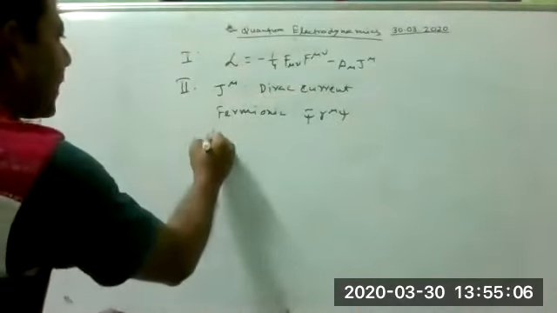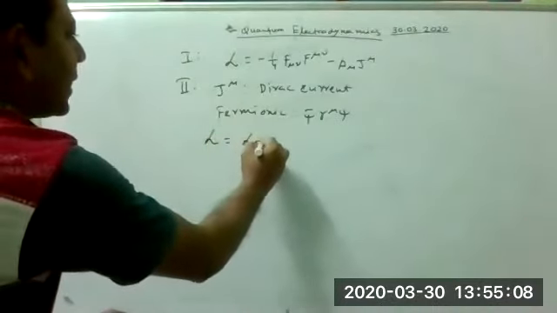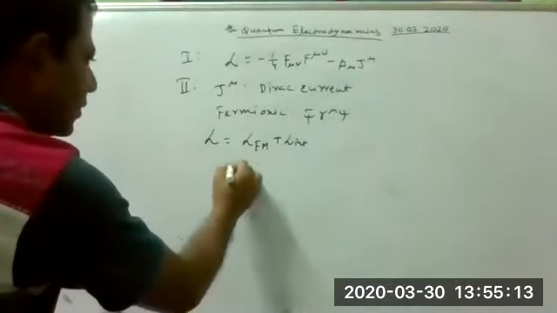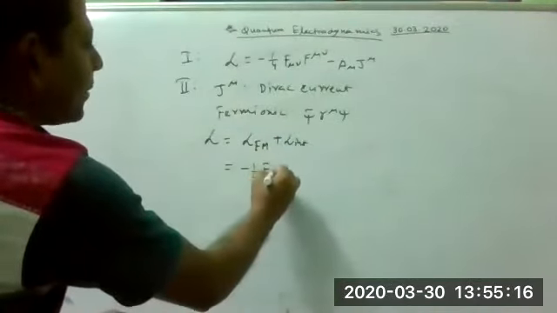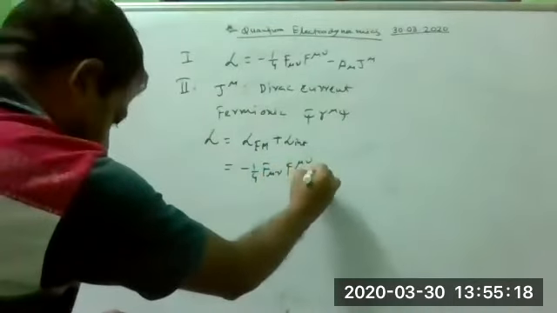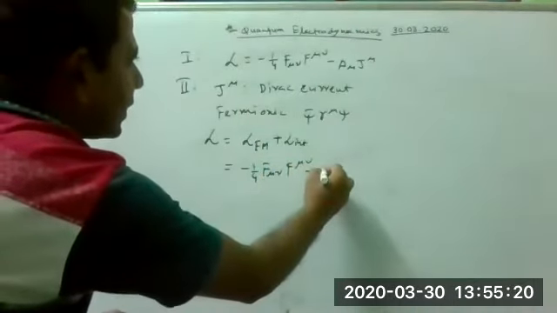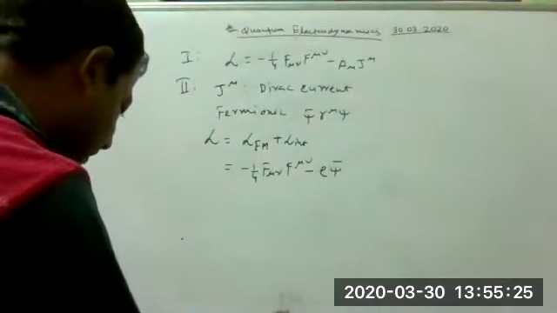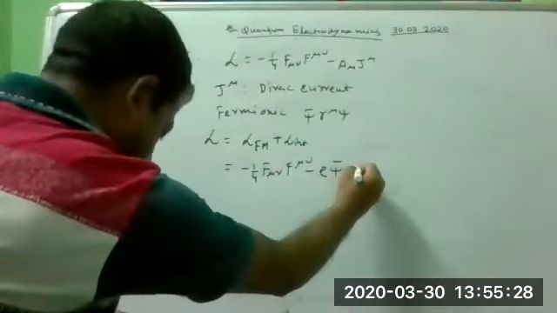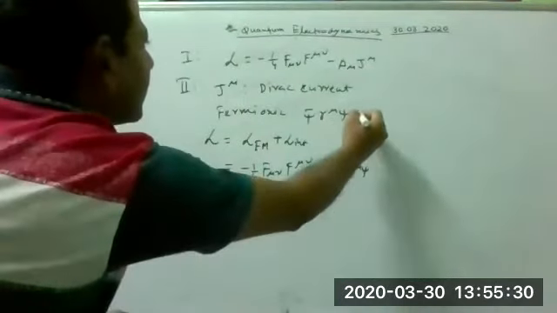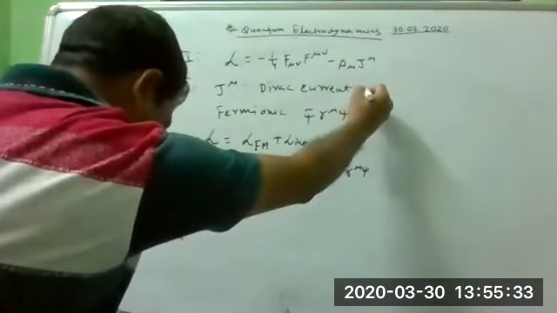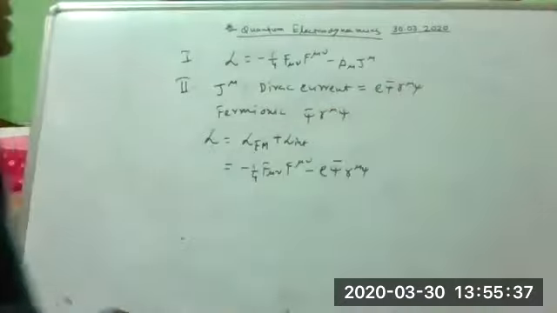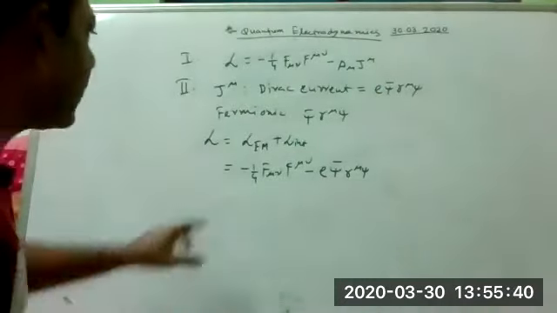So therefore, L can be written as L electromagnetic plus L interaction, which is minus 1 by 4 F mu nu F mu nu minus A mu J mu, where J mu equal to e psi bar gamma mu psi.